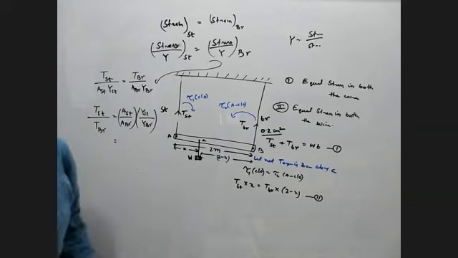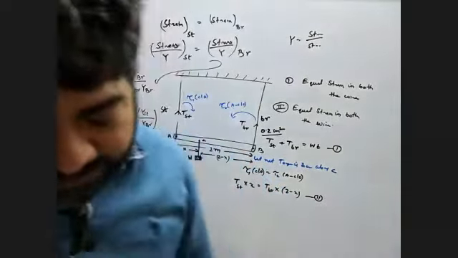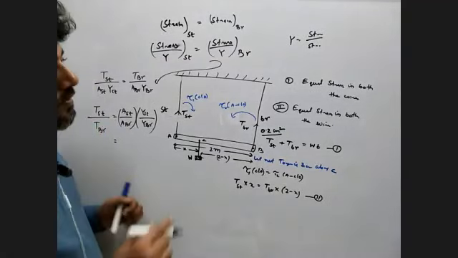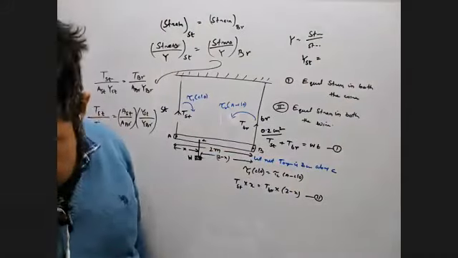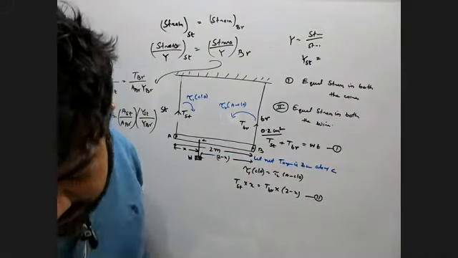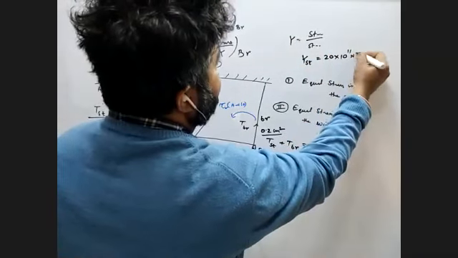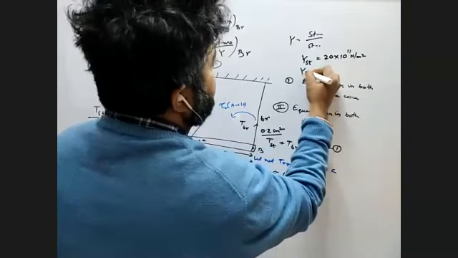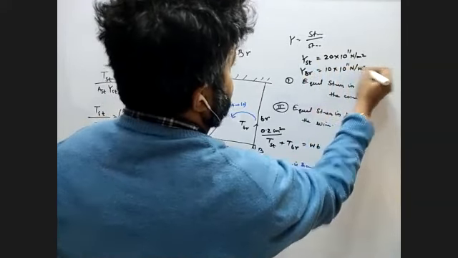Acha, Young's modulus ami dini? Young's modulus dite hobe to. I'm really sorry. Young's modulus of steel is given 20 into 10 to the power 11 Newton per meter square, and Young's modulus of brass is given 10 into 10 to the power 11 Newton per meter square.